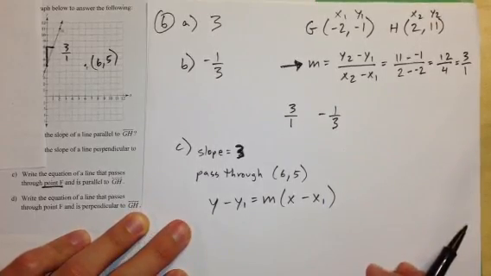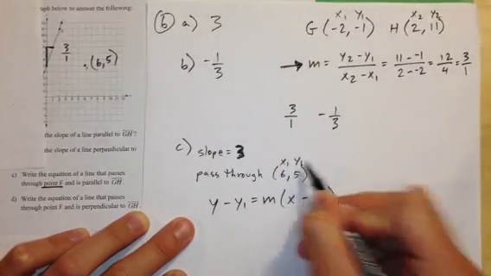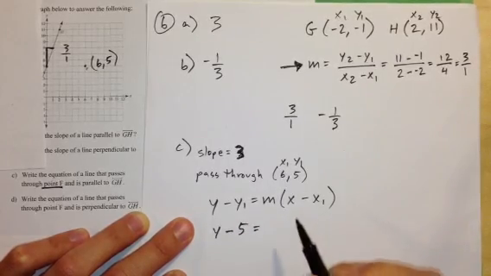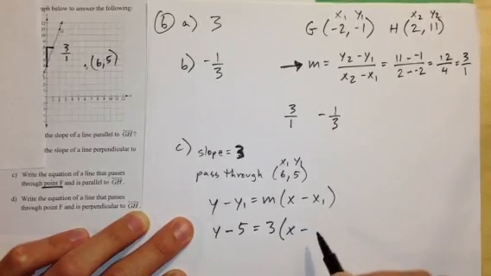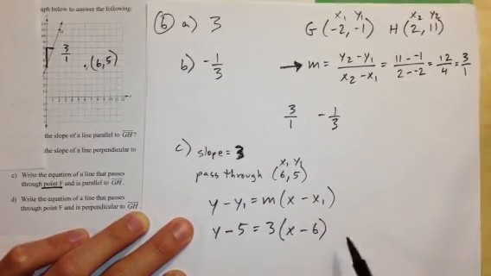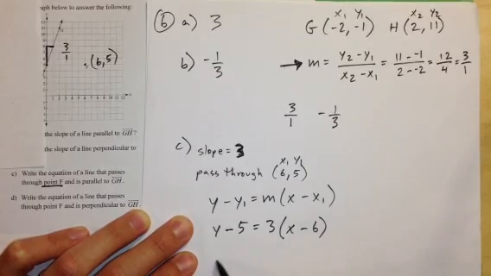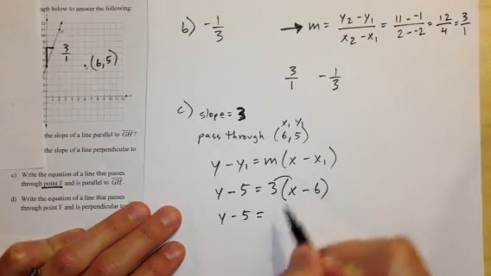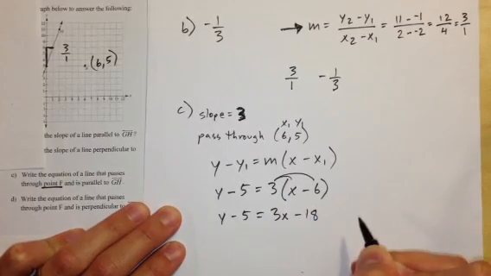Now I can substitute because I know my x1, y1 is the point that I want it to pass through. So y minus y1 is 5 equals m is the slope, which is 3, parentheses, x minus x1 is 6. Now I'm going to isolate y to get it into slope-intercept form, which is the easiest form. So I'm going to rewrite this, y minus 5 equals, I'm going to distribute the 3. 3 times x is 3x. 3 times negative 6, negative 18.